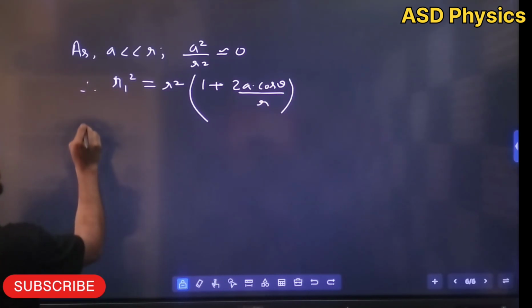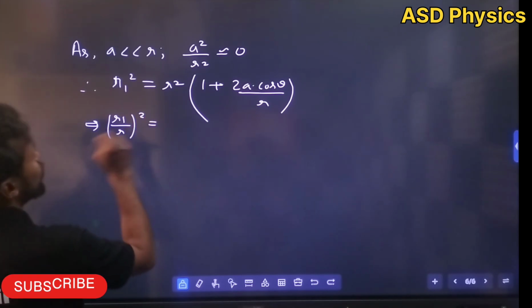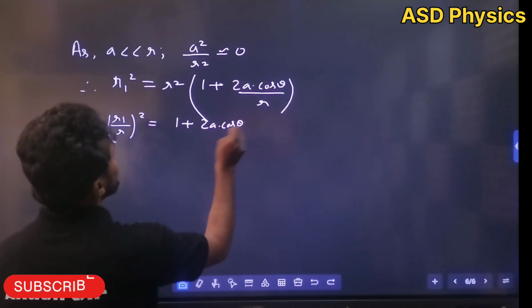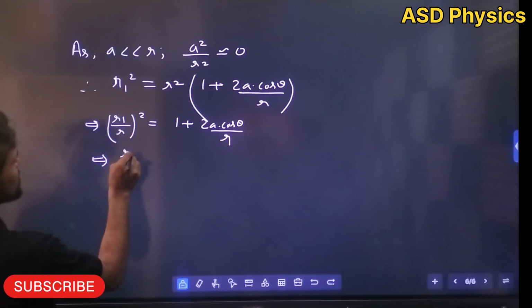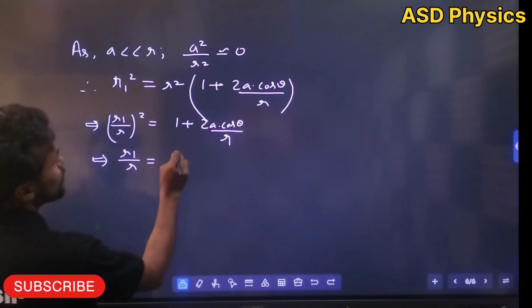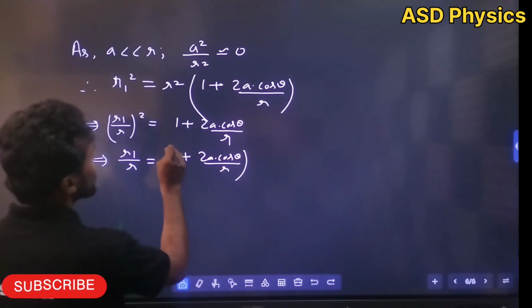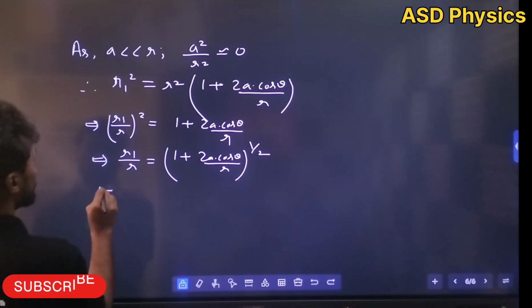Now let's simplify this: R1 by R is (1 plus 2A cos theta by R) to the power half.